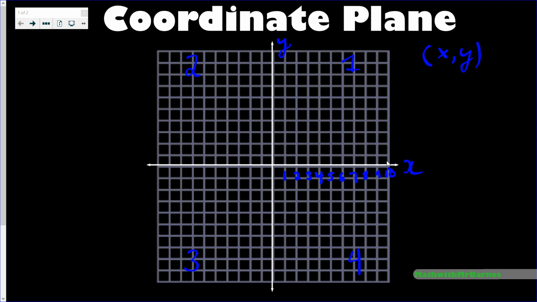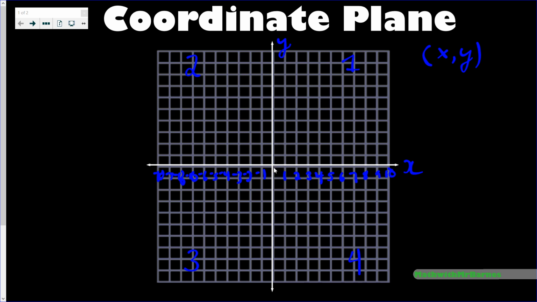So the right part of the x-axis is all positive. Well, the left part of the x-axis is exactly the opposite. It's all negative. So -1, -2, -3, -4, -5, -6, -7, -8, -9, -10. A bit messy, but you get the point.